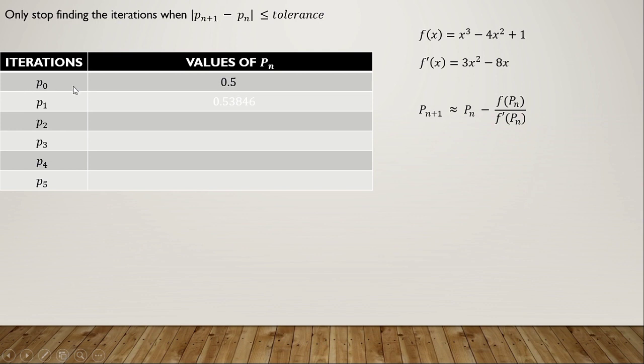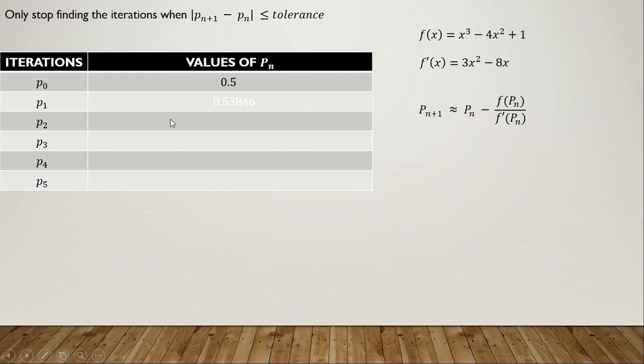So we found our initial value, P naught, is 0.5, and we found P1, which is 0.53846, right? For our f of x, which is x cubed minus x squared plus 1, and our f prime of x, which is 3x squared minus x. And we have our function, obviously, which is that guy there.